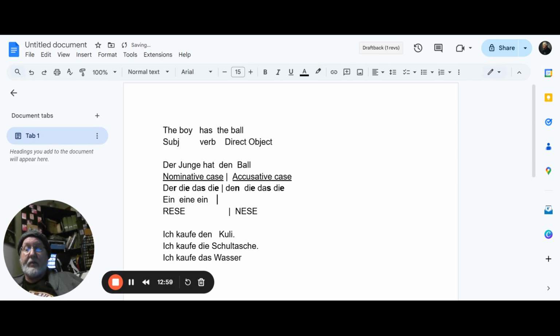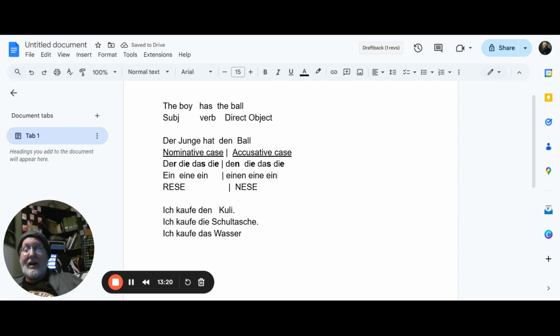So in the accusative case, it kind of follows this. So it's going to be einen, and then the rest stay the same. Eine and ein. You see how that works?